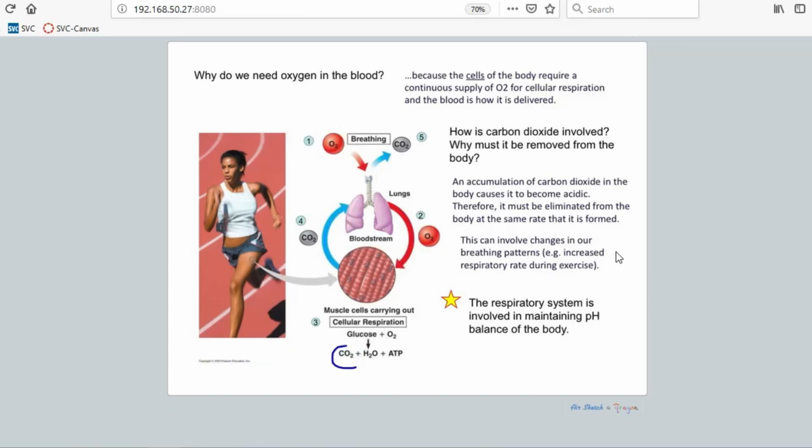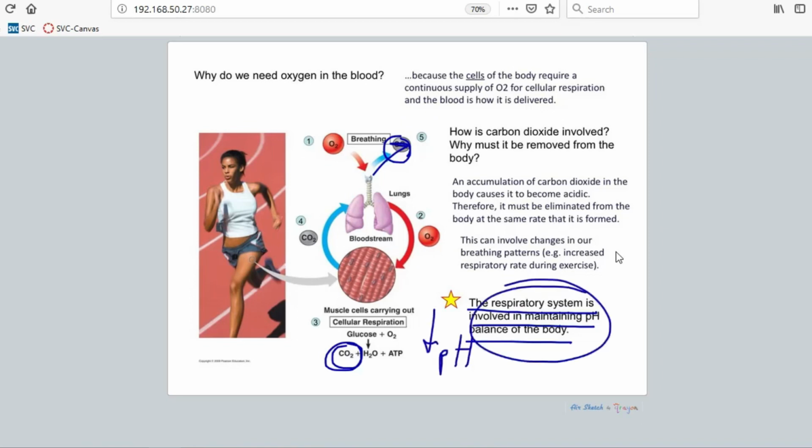So with respect to CO2 here, the respiratory system is involved in maintaining pH balance of the blood. Okay, it enables us to get rid of CO2, and if we couldn't do that, the body would become acidic. The pH would go down.